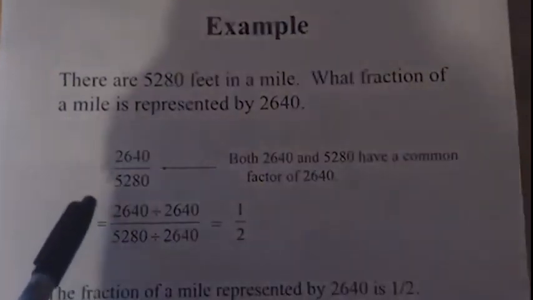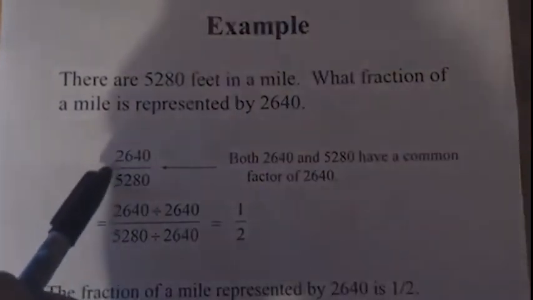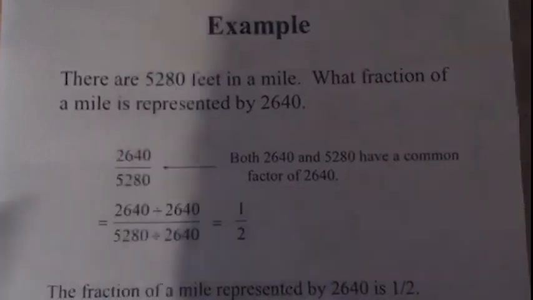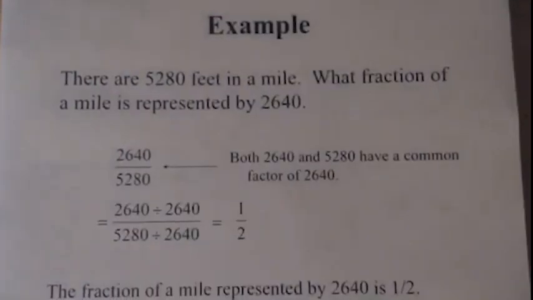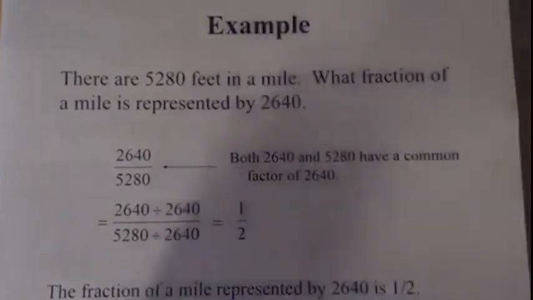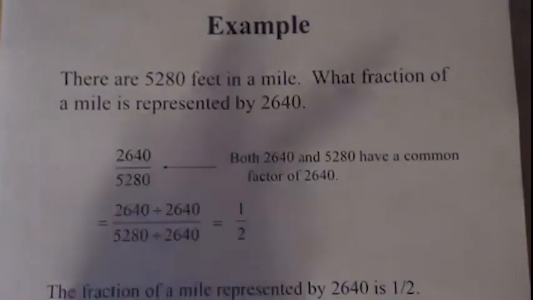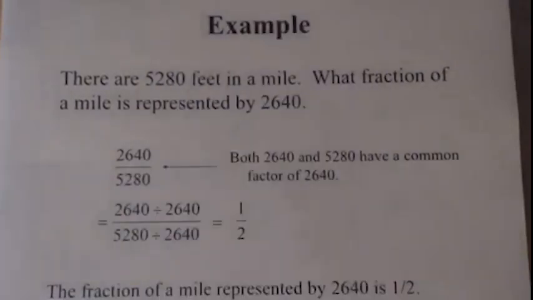And here, 2,640 and 5,280, wouldn't you know, they both have a factor of 2,640, except you wouldn't know because that's a difficult number. So this shows we can just quickly divide by 2,640 to get to our answer of 1/2.